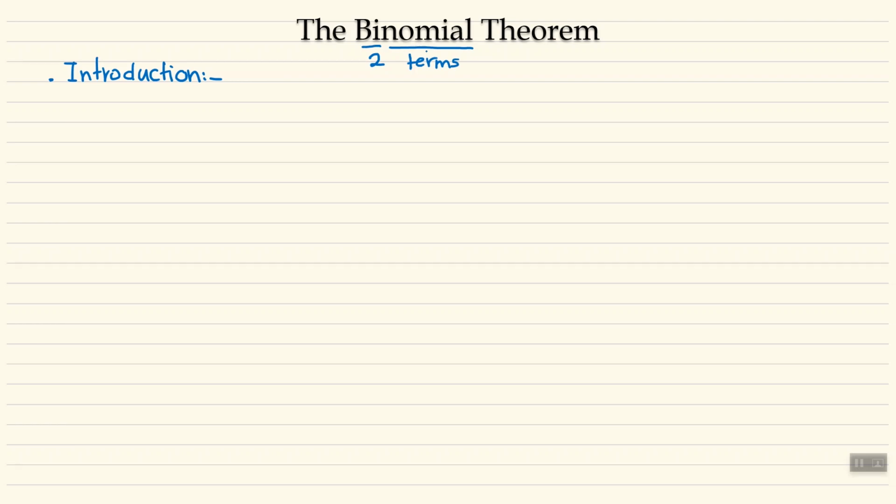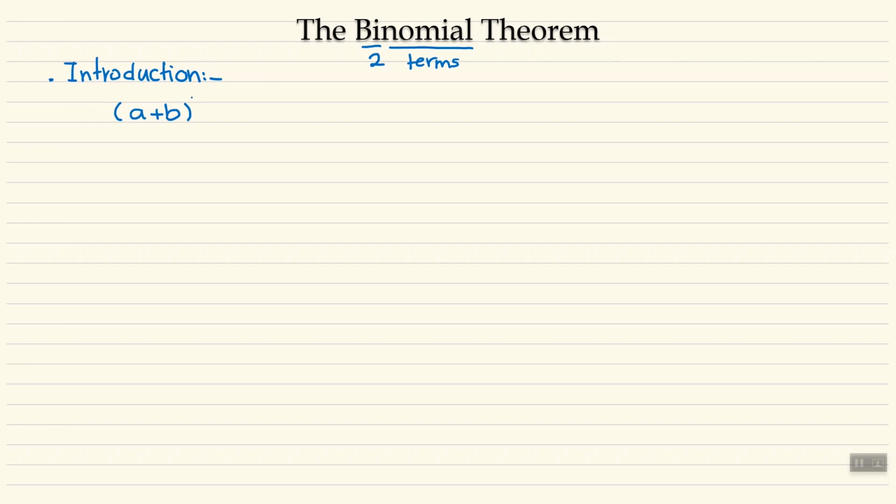So when we say binomial, we generally mean 2 terms. So the binomial theorem is a theorem that is related to expressions that are written as 2 terms. Okay. We know that this is a binomial, a plus b, right?